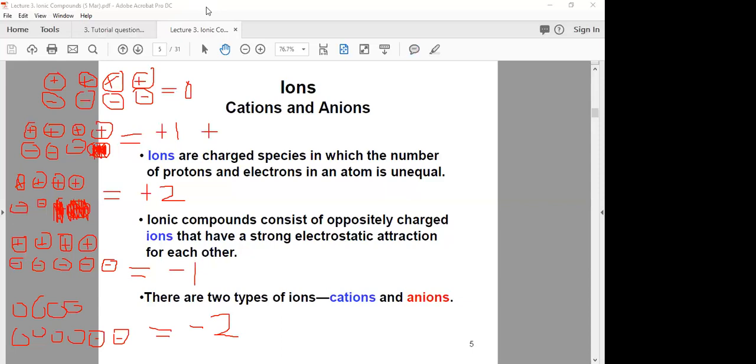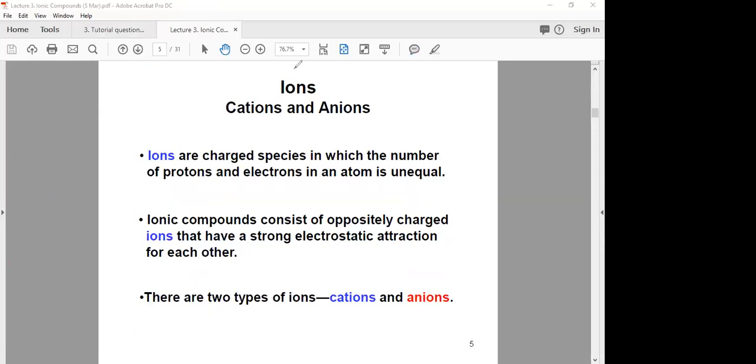Okay, let me clear that. So ionic compounds consist of oppositely charged ions that have a strong electrostatic attraction for each other, which we saw on the previous slide.